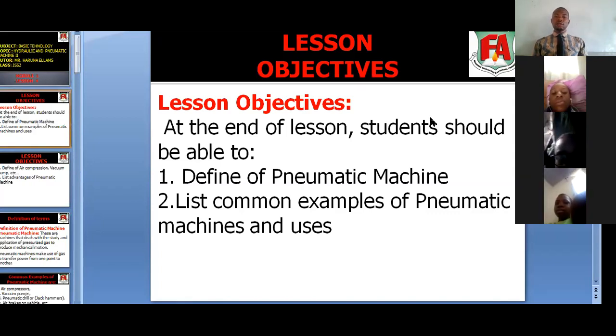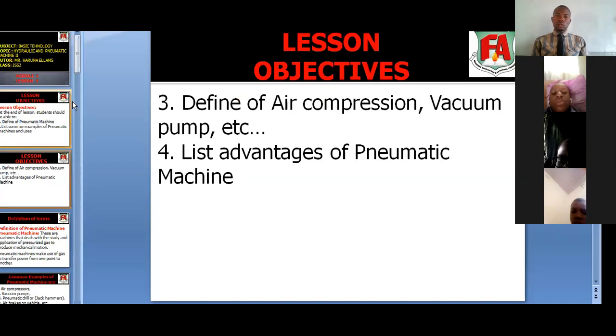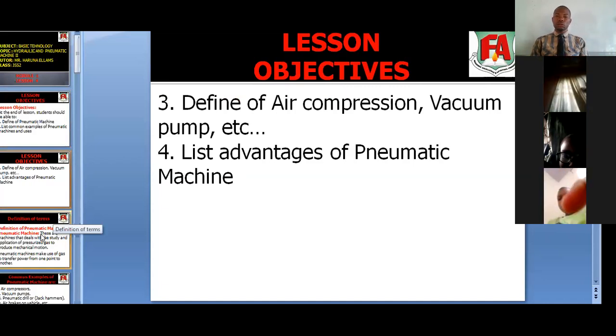At the end of the lesson, students should be able to define pneumatic machine, list common examples of pneumatic machines and uses, define air compressor, vacuum pump, etc., and list advantages of pneumatic machines.